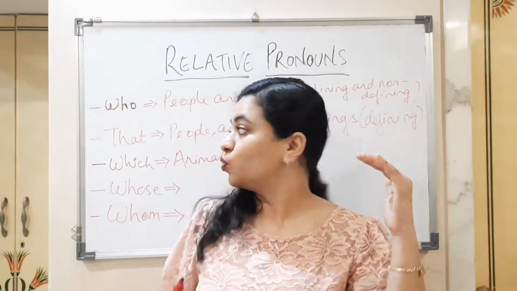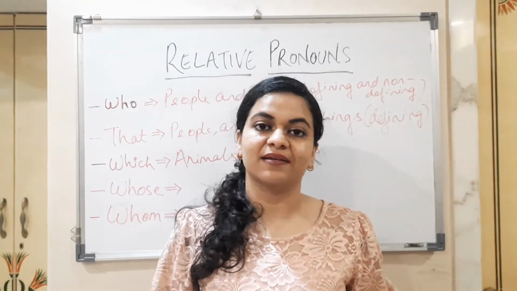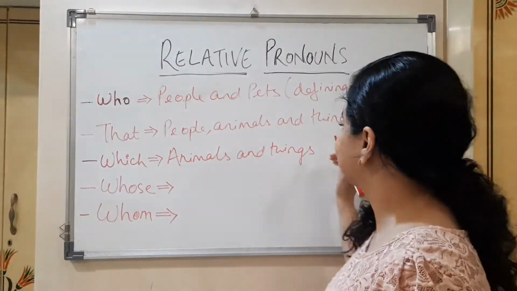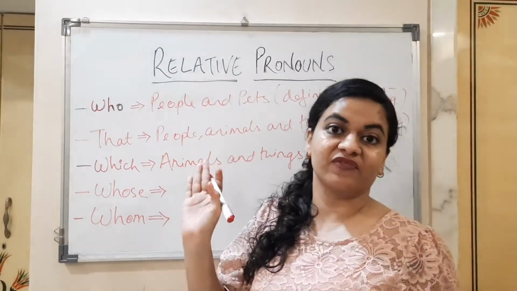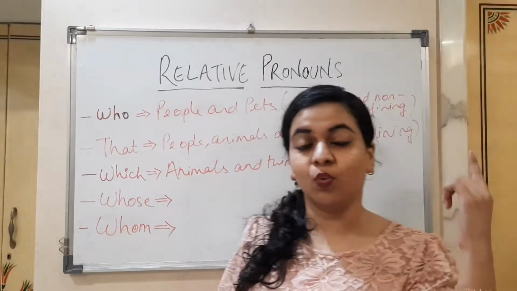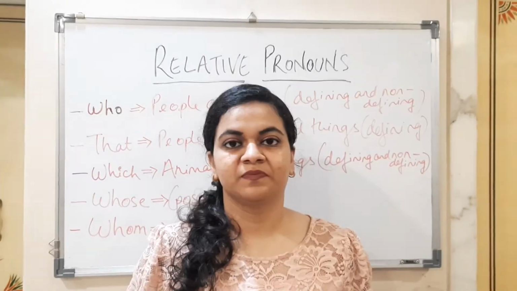I refer to one particular person, animal or thing when I'm using that. Which, like who, is defining and non-defining. So you can either use which when you're talking about one particular animal, multiple animals, or more than one thing.